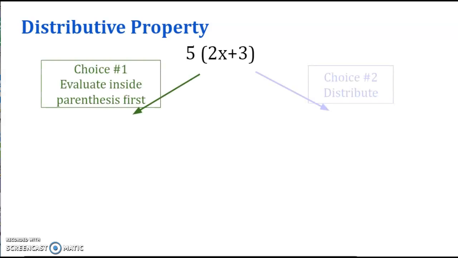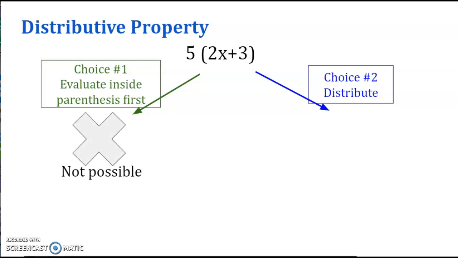Again, if we were to use the 2 methods, one is to evaluate inside the parentheses first, the other is to distribute. Can we simplify inside the parentheses anymore? No, we cannot, because 2x plus 3, they're not like terms, so we can't do anything with that. The only option we have is to distribute.